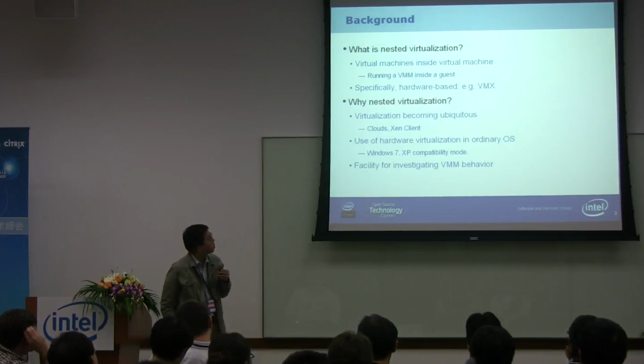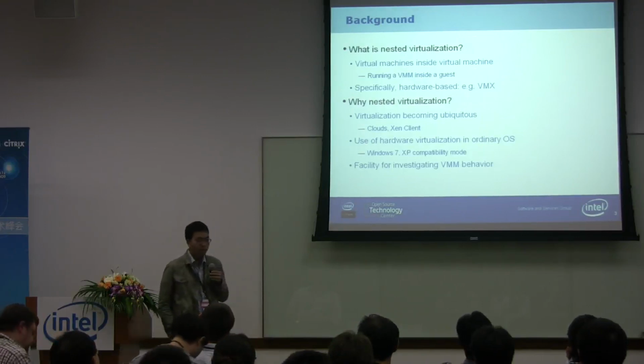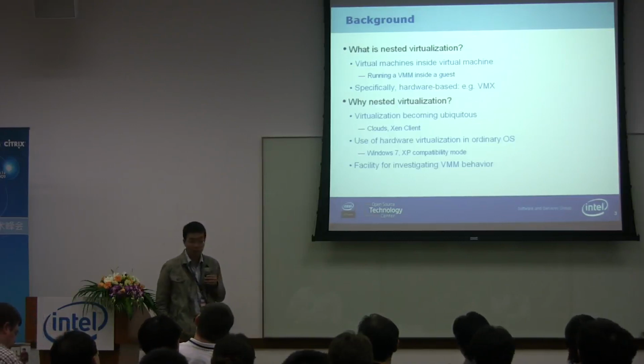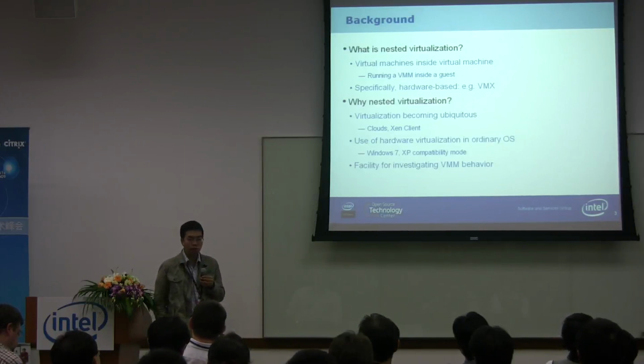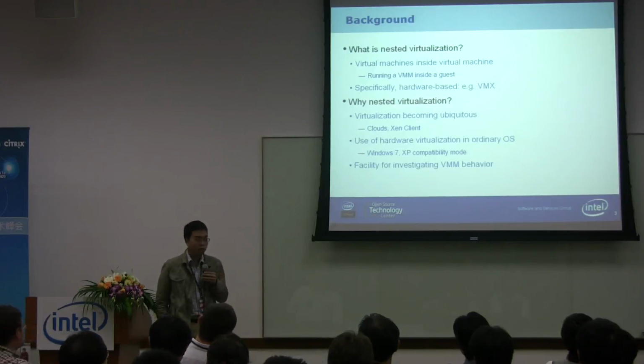And moreover, since these hardware technologies have become more and more popular, ordinary OSes begin to use them. The notable example is Windows 7. It has an XP compatibility mode, and this mode requires VMX. If we run Windows 7 as a Xen guest, and there is no nested virtualization capability, this mode is not available.